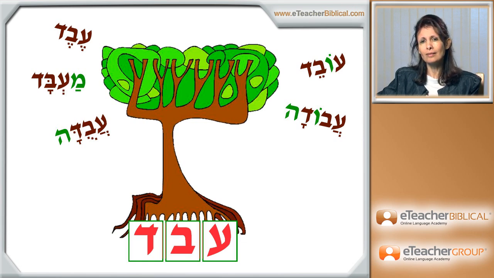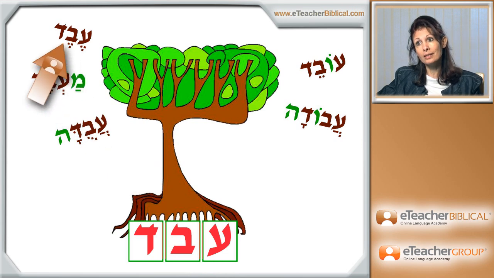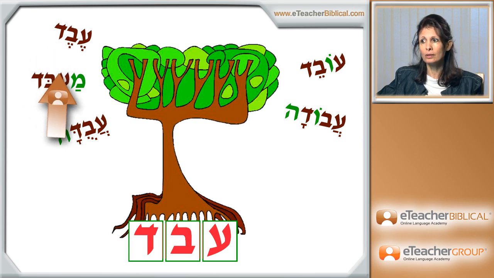Most Hebrew words have a root that will appear in different words all along. For example, around the tree you can see many words. The very first one at the top on the left-hand side is Eved. Eved in Hebrew is a slave. Now let's go down to the word Ma'abad.